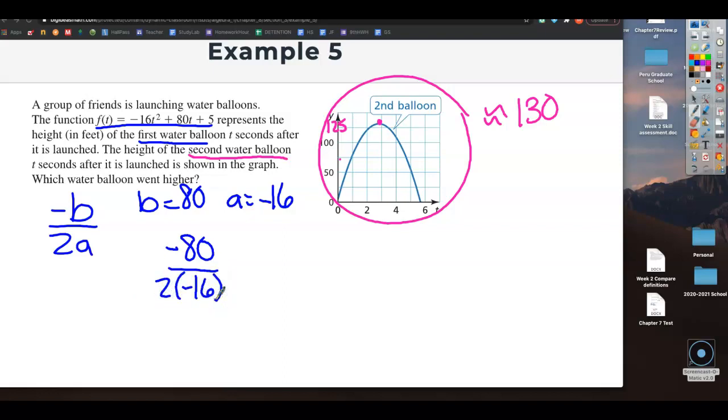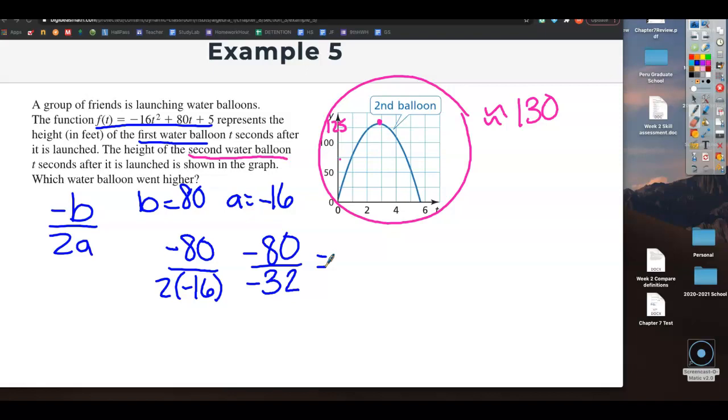2 times negative 16. Type in your calculator. Negative what? Okay, take negative 80 divided by negative 32. What do you get? Type in your calculator. Make sure you use the negative button, which is down here by the enter sign.